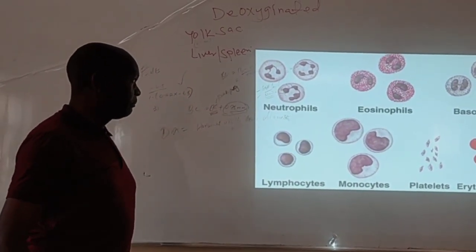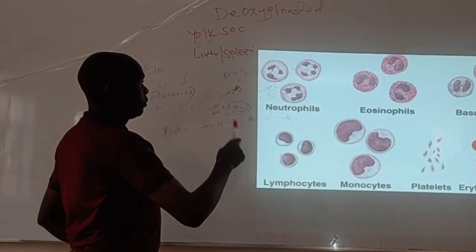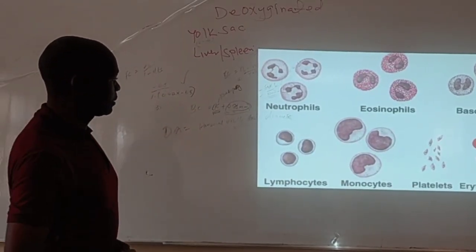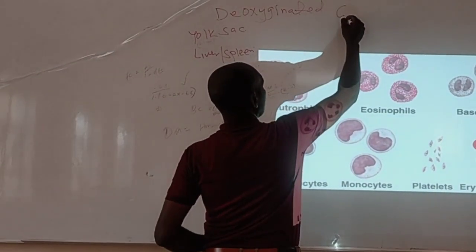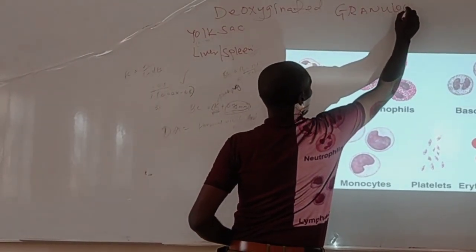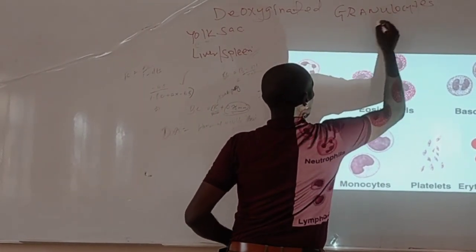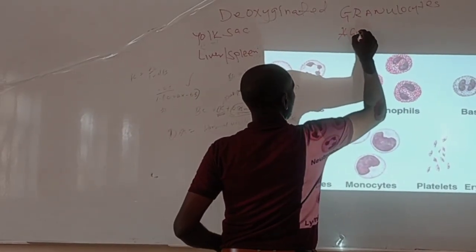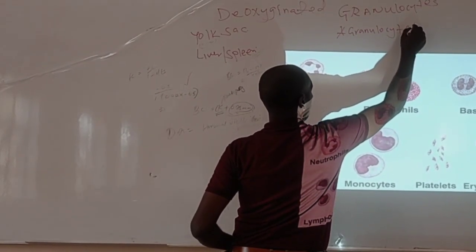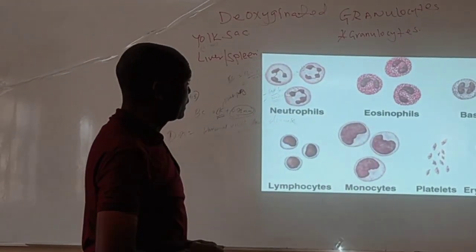Another thing you need to remember is that the white blood cells have two categories. We have what we call the granulocytes, and then we have what we call agranulocytes. So what is the difference between the two?